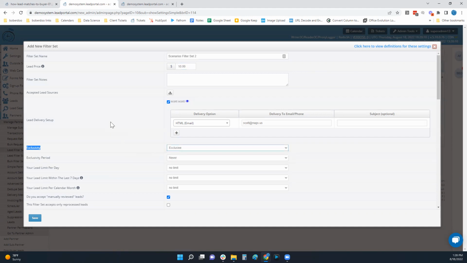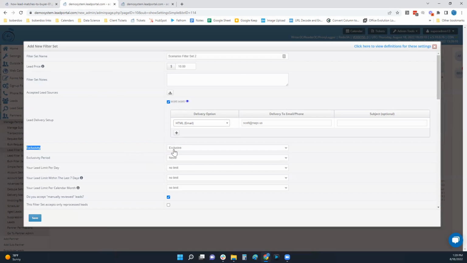Now, if this is an exclusive filter set, when a lead comes in or a ping comes in, the system is going to evaluate this $10 against any other exclusive filter sets. So if there is one that is $12, this filter set no longer comes into play. If the next one is at $9, this filter set is in play.